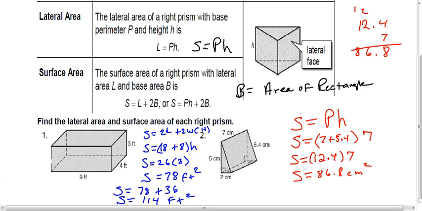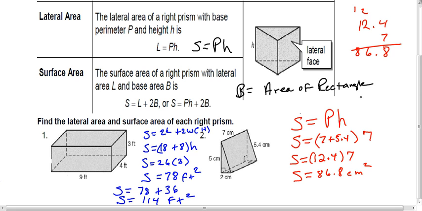So now what we need to do is find the actual area of the base of a triangle. So here, when we look at that particular ordeal, a triangle's area is actually 1/2 the base times the height. So 1/2 the base times the height.